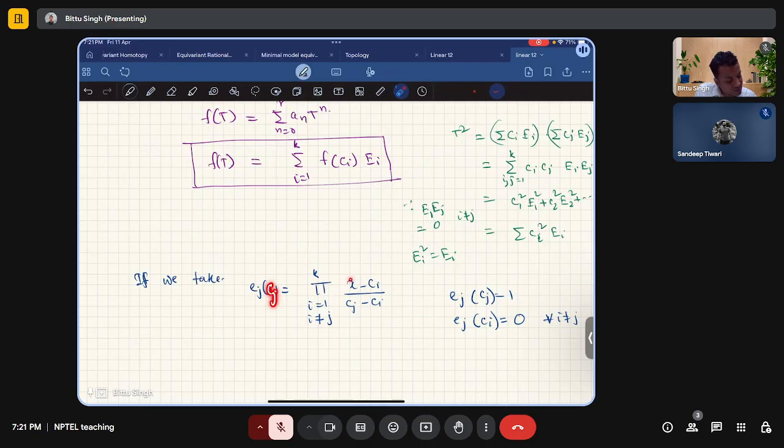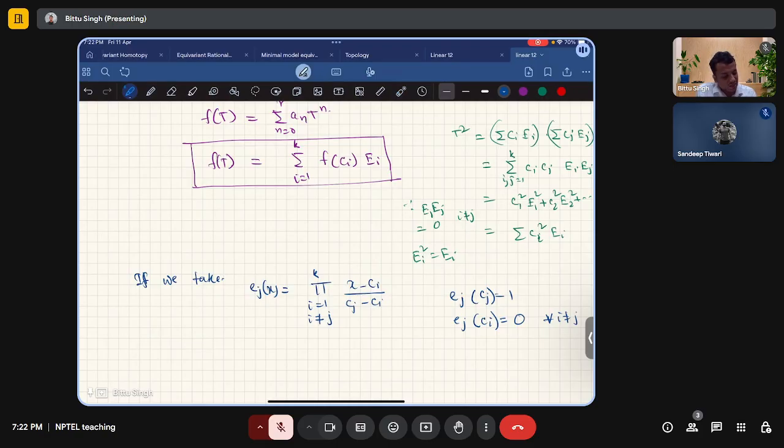If we apply cj, the factors cj minus ci get cancelled, so the product is a product of 1s. That's why ej applied on cj is 1. Now if you take ej applied on ci, the ith component in the product will contain ci minus ci, which is 0. So the product will vanish. So this is an interesting property of this polynomial.